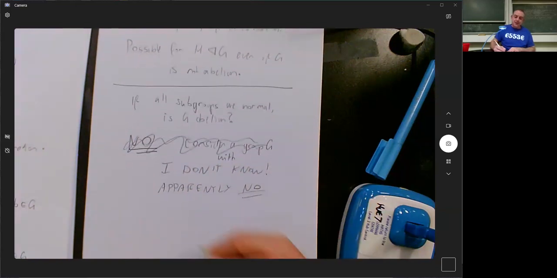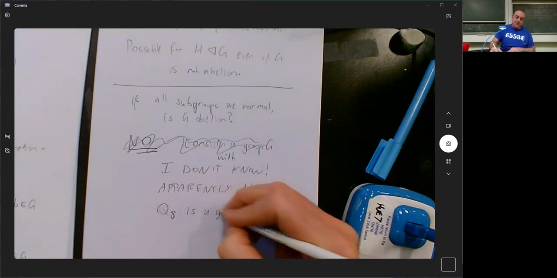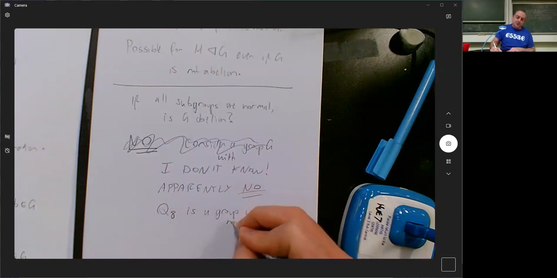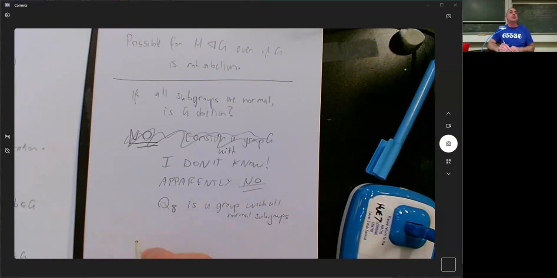Apparently no. So you're saying that Q8 is a group that has all normal subgroups. And subgroups of order 2 have to be normal.